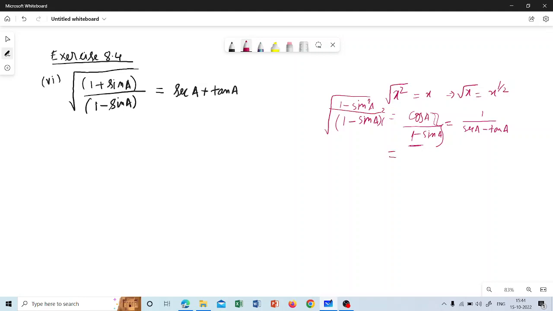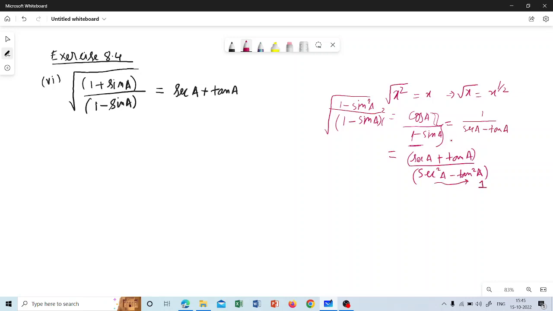Now again, if I multiply the numerator and denominator by sec A plus tan A, then it will become sec square A minus tan square A, using (A plus B) into (A minus B). So we know that this term is 1.